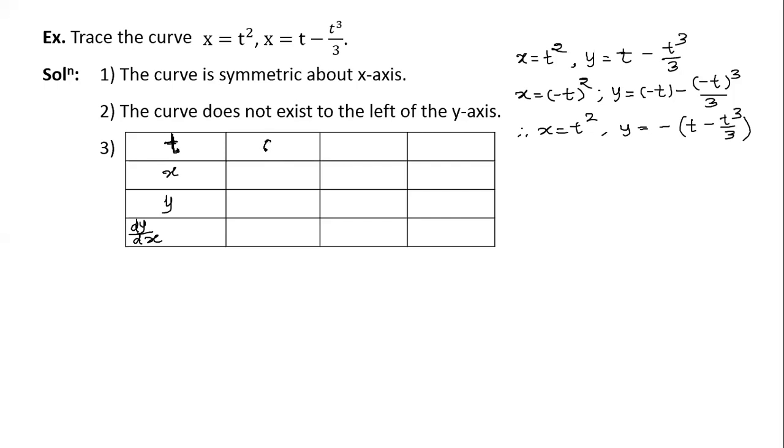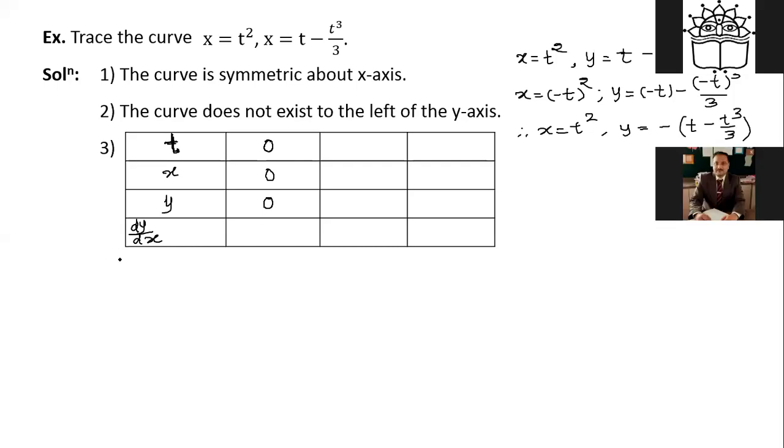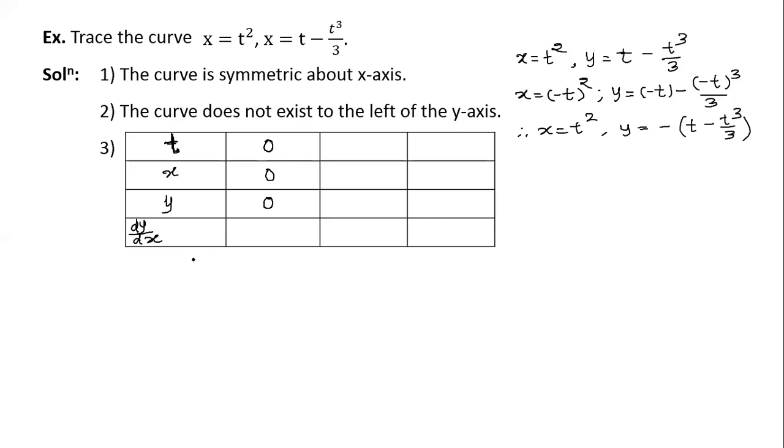Okay, so if x equal to t square, so t equal to 0, then we are getting x equal to 0 and y also equal to 0. So we have realized, yes, there exists some t for which x and y both are 0. So we can add property point number 4 as the curve passes through origin, means origin is part of the curve.